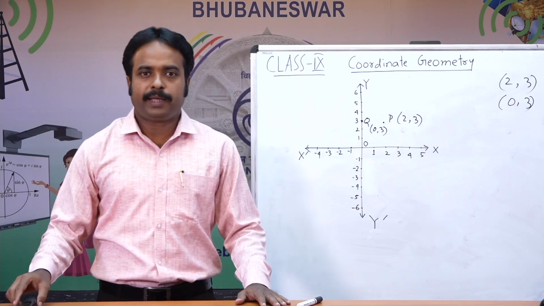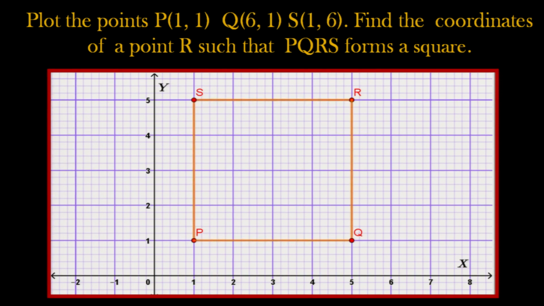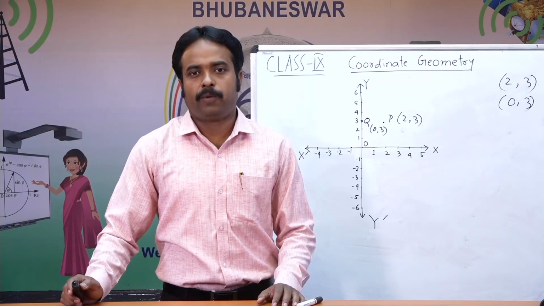Now if we take the point R here, then you may see that they will form a square. If we join all these vertices with straight lines, then we will get PQRS. And if you observe this, it is producing a square.